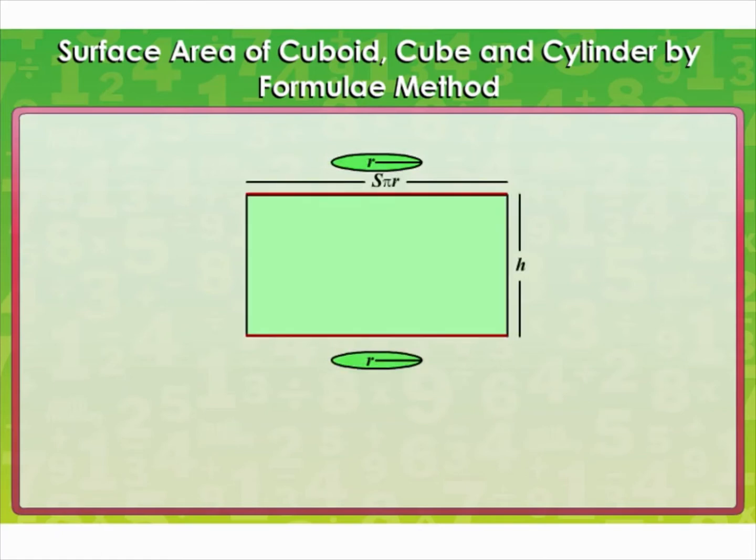Open it. We get 1 circle on the top, 1 circle at the bottom and 1 rectangle in the middle. Area of the top circle is pi r squared. Area of the rectangle is 2 pi r h. And area of the bottom circle is pi r squared.